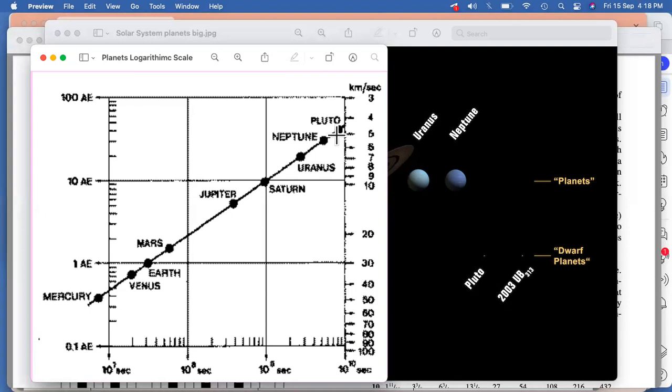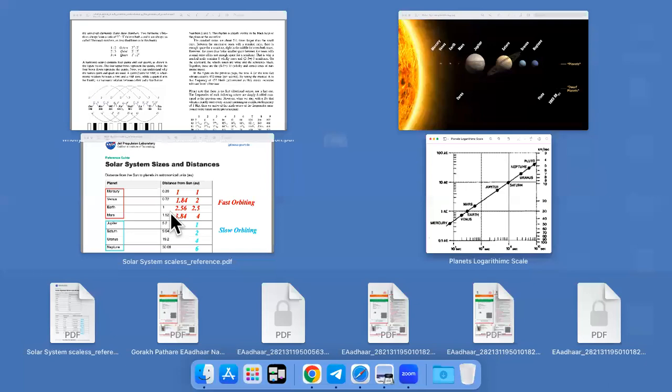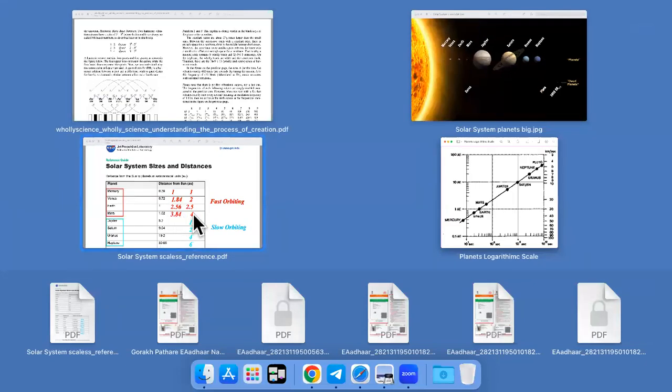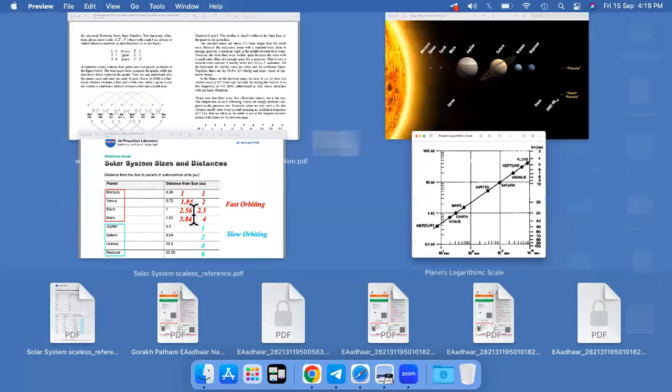Pluto we don't have as a planet, so these are grouped together and those are grouped together. This can be just a wild guess, but let's try to analyze on the basis of that and see whether we find something really interesting, so let's come to those points also.